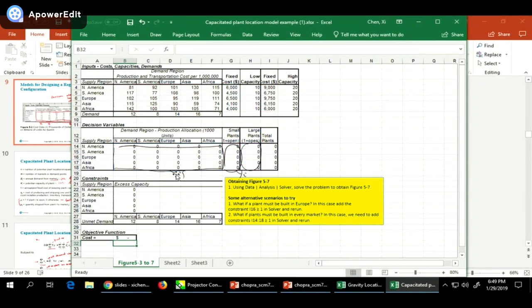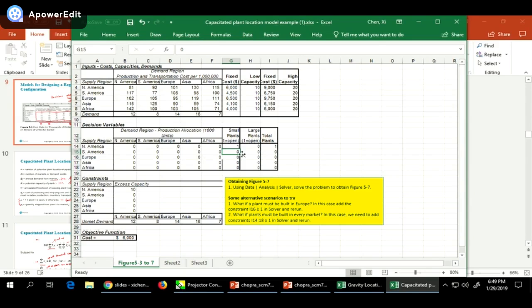So now if I change our decision here, say I want to open a small plant here, that will change my objective function, right? Change my total cost.